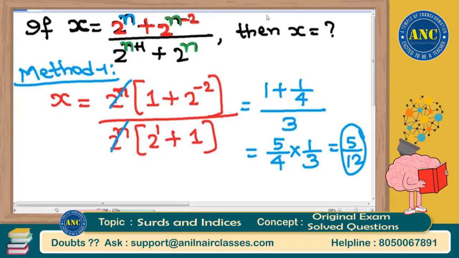Definitely not. Whatever value you put for n, you can check it out. I will do it with two or three numbers in method 2 itself. Any value you like you put for n, you will ultimately get the same answer for x.